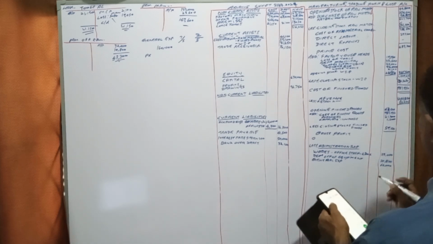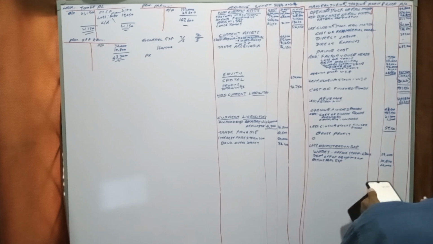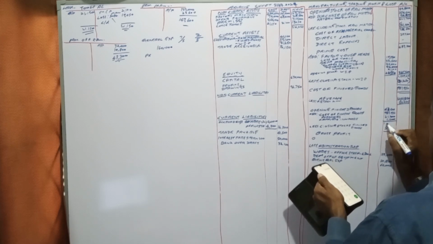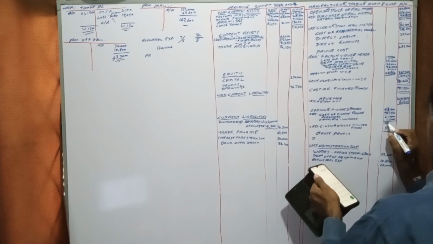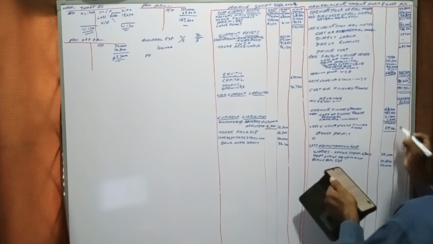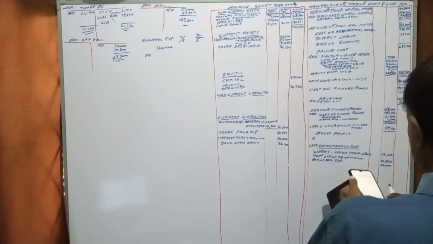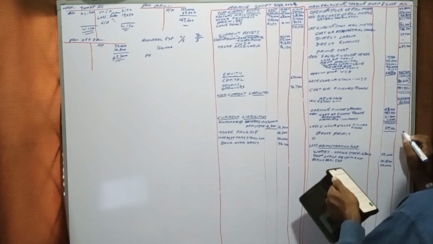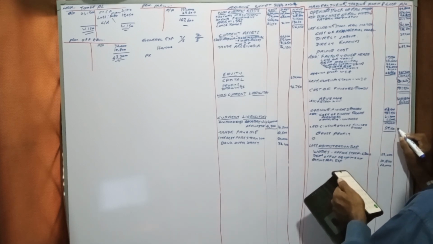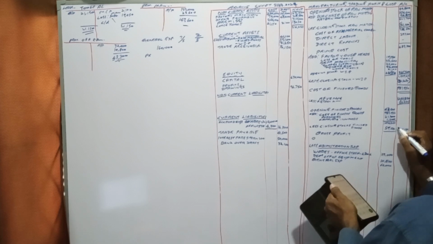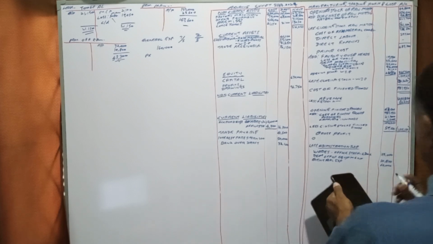Okay, here 987,950 plus 63,100 plus 21,700, plus 1,500, 1,074,250, minus 59,100, that means 1,015,150 has to be deducted, right?